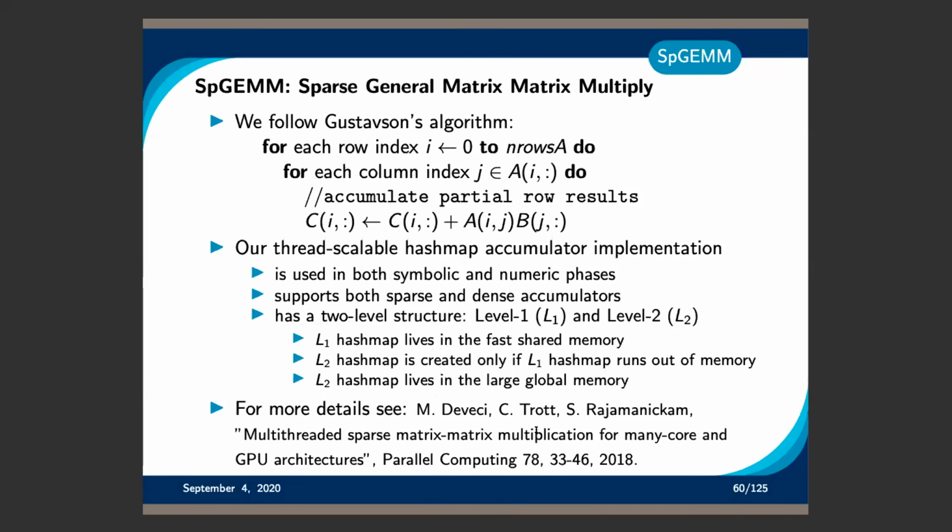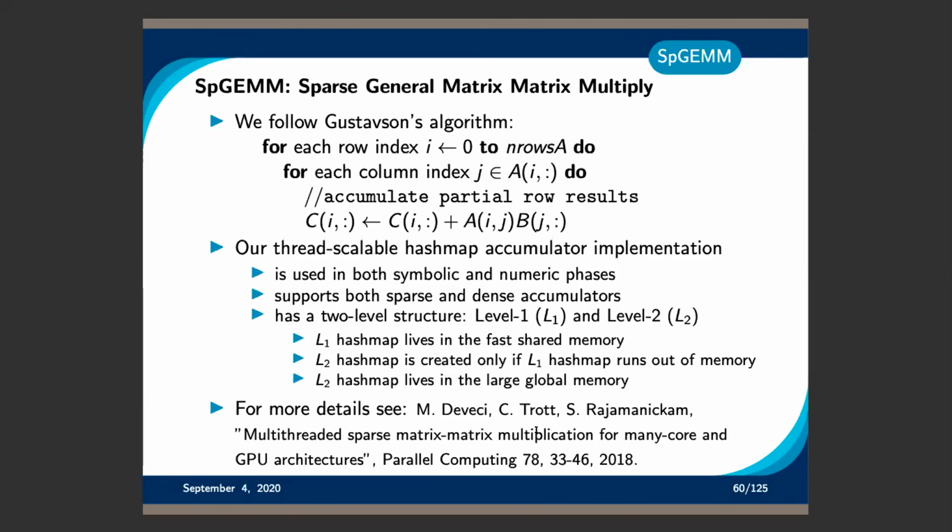Finally, another key detail of our implementation is our use of a thread-scalable hash map accumulator implementation. This is used in both the symbolic and numeric phases. We support both sparse and dense accumulators. It has a two-level structure, level 1 and level 2.